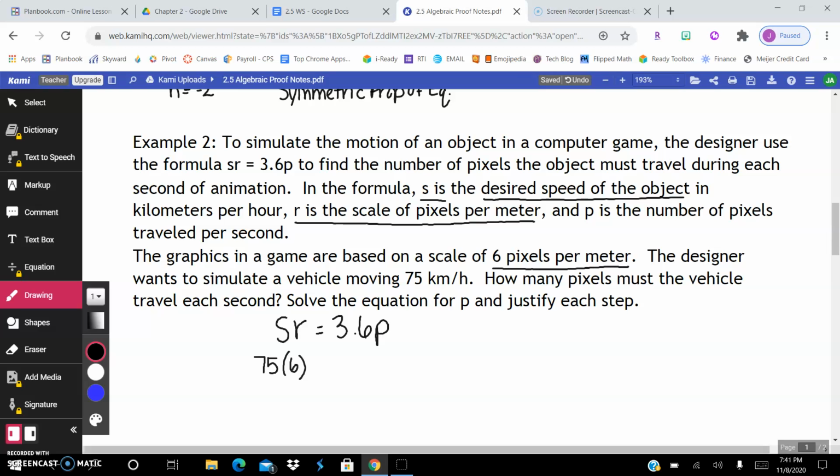So R is going to be 6, equals 3.6. And P is the number of pixels traveled per second. So we have to solve this for P.